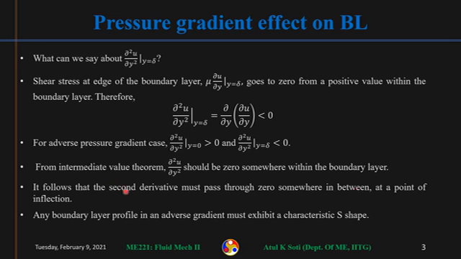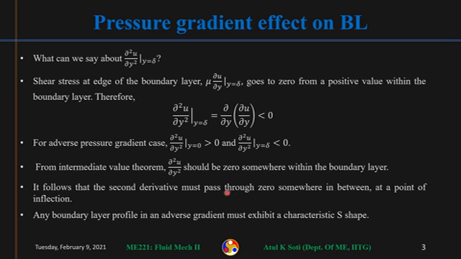A point of inflection occurs when the second gradient of any function is 0. The curvature, the nature of the curve, changes from concave to convex.